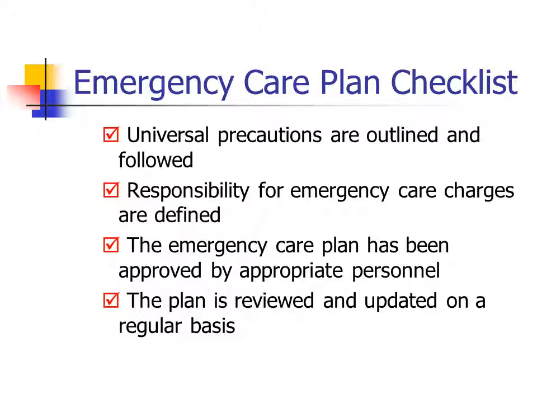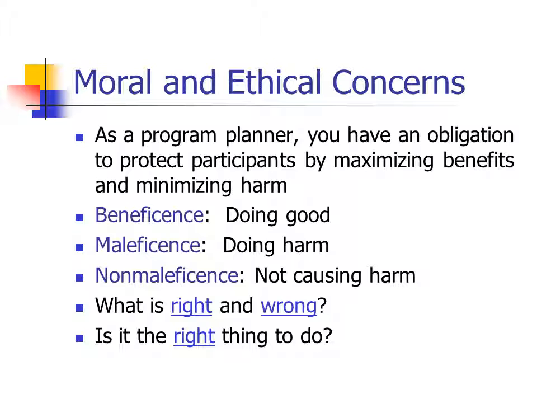And we also have our legal office as well to look at those things. So good idea to have physicians look at these things and sign off. Good idea to have legal people look at these things and sign off. And then, of course, always review and update your plan on a regular basis.